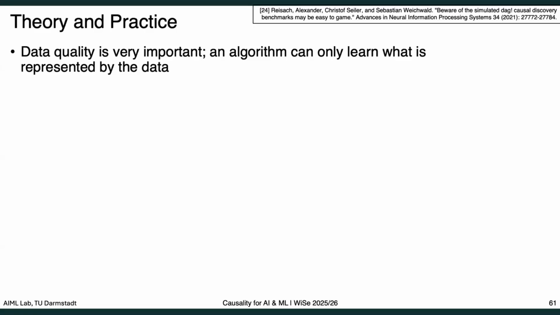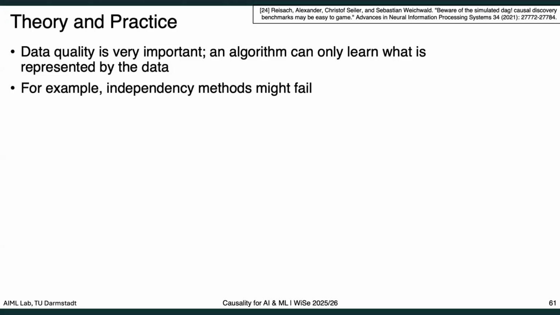Most of these algorithms are guaranteed to give you the correct results if the assumptions are satisfied, but given finite and noisy data, that might not always be as good. These algorithms are still very useful and used a lot, but just because you get the wrong result doesn't mean the algorithm did a bad job, it just means the data might not have been good enough.